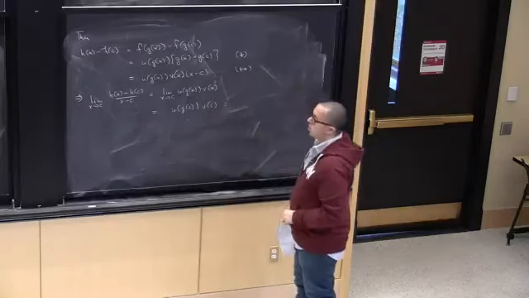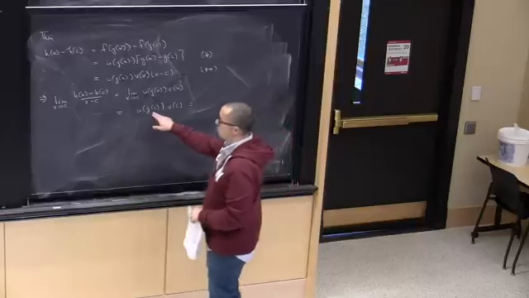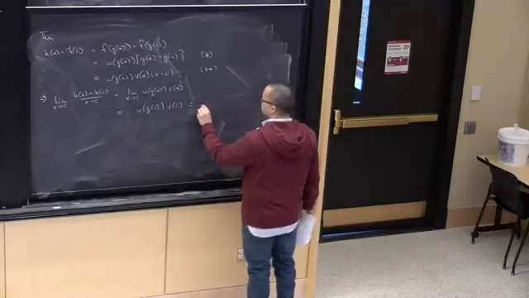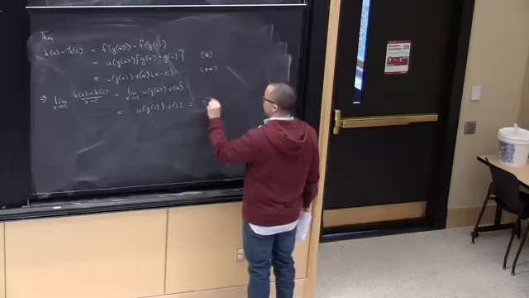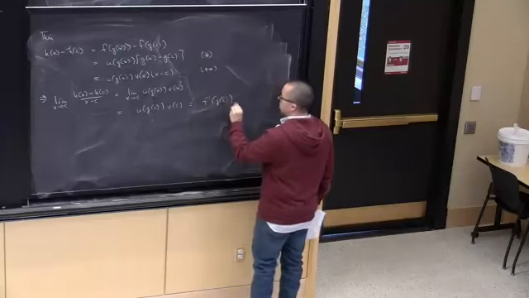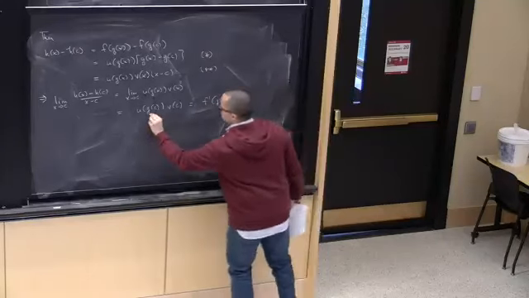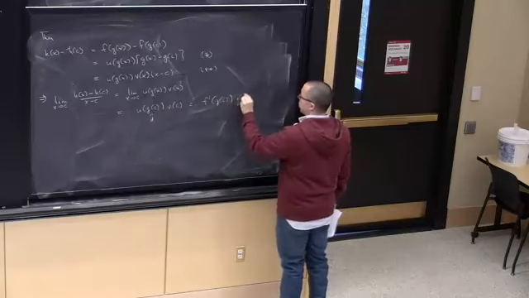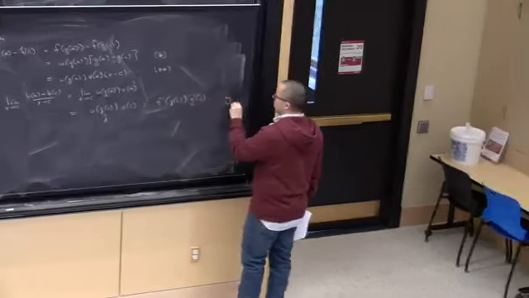And u of g of c, so this is d, remember, in the notation we had earlier, and therefore that equals f prime of g of c. Remember, g of c was d, times g prime of c. Okay?